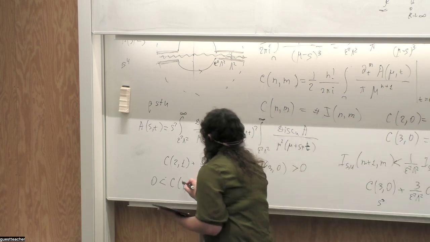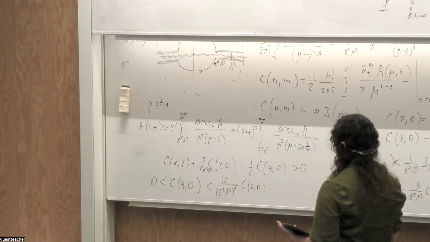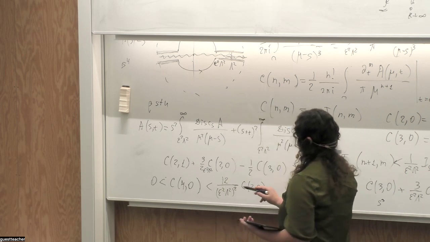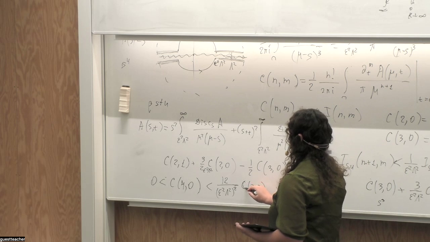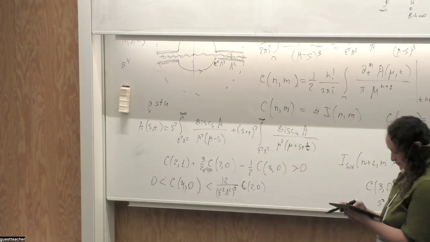So this bound is quite important, because I'm getting that the coefficient in front of the S24 term has to be bounded between 0 and the coefficient in front of the second derivative with respect to S.